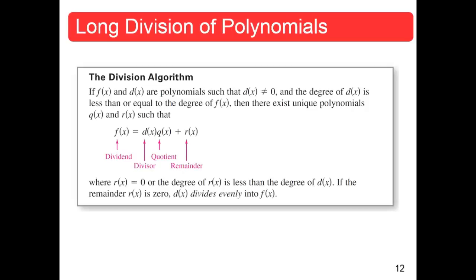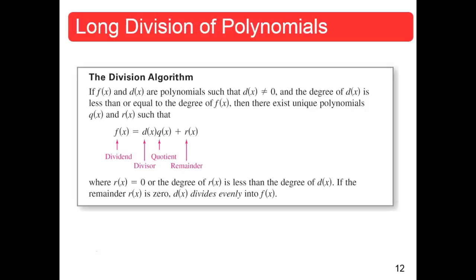Either way. If that r of x is equal to 0, that means that's a perfect factorization of your function. And here's the other thing. Remember, we said that before too. In long division of numbers, the remainder always had to be less than the divisor, right?